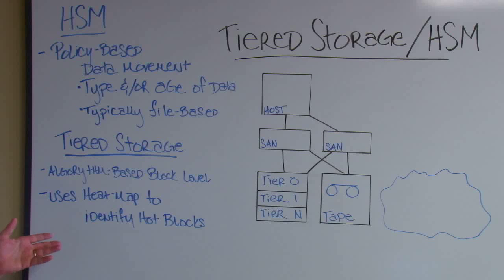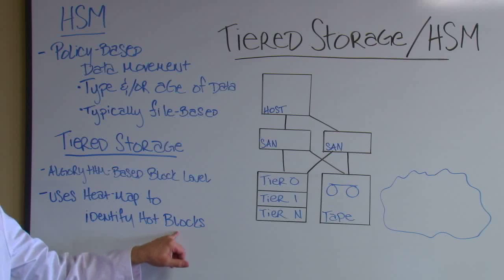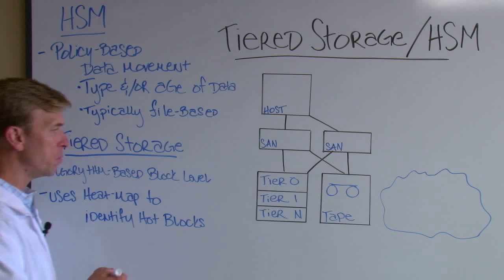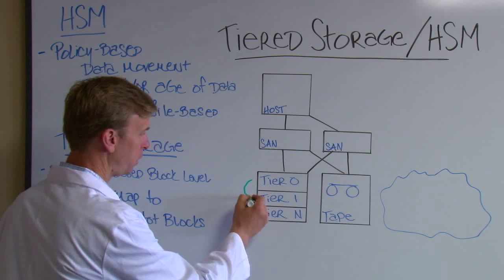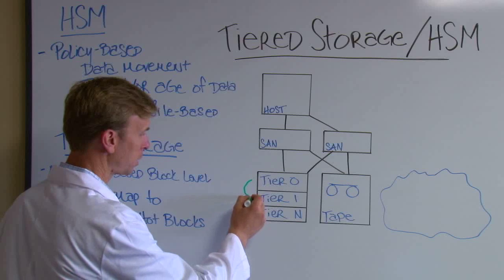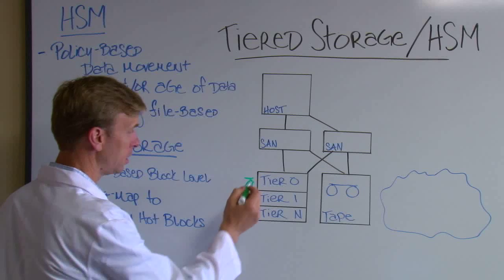This is usually done by identifying hot blocks of data, and then it moves that data between the different tiers based upon how often or how hot that data is.